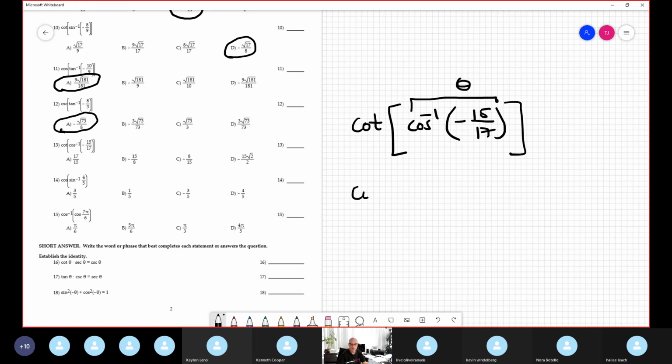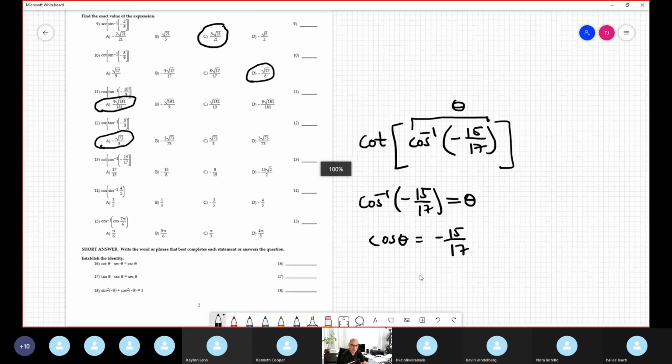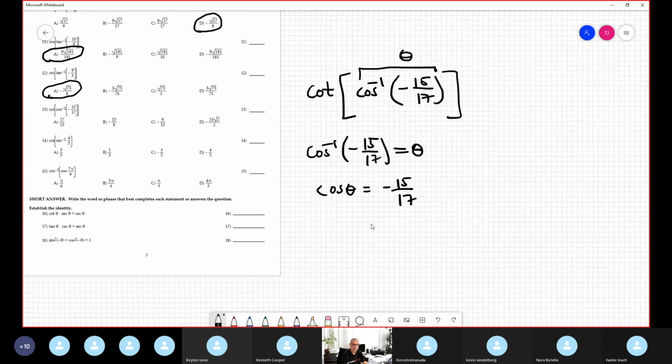So you can rewrite: cosine inverse of negative 15 over 17 is theta, which is equivalent to saying cosine theta equals minus 15 over 17. I know that when the value inside the cosine inverse is negative, theta lies in what quadrant? In the second.